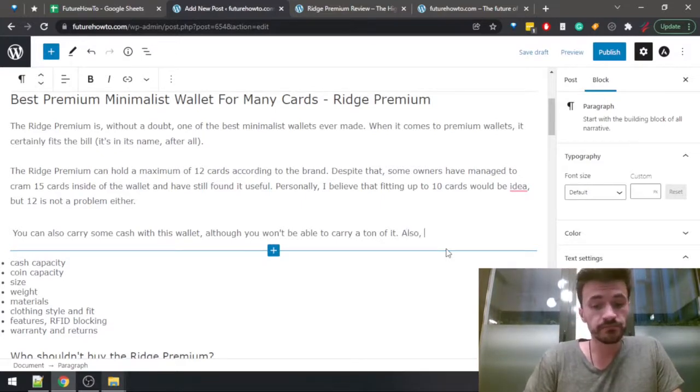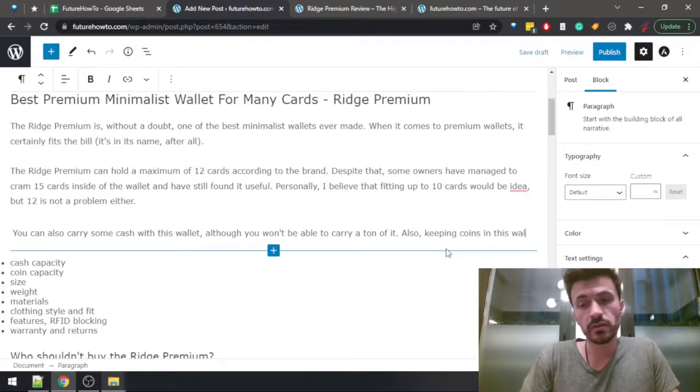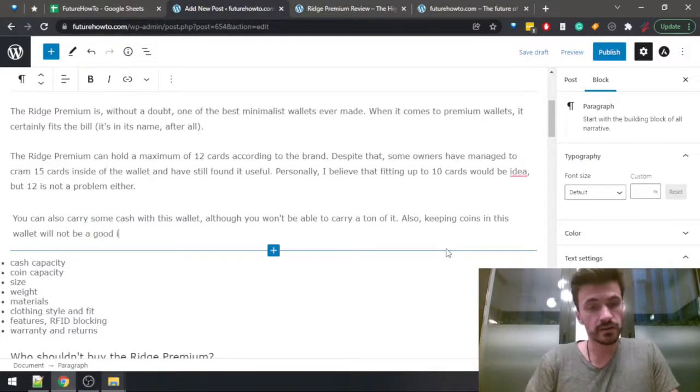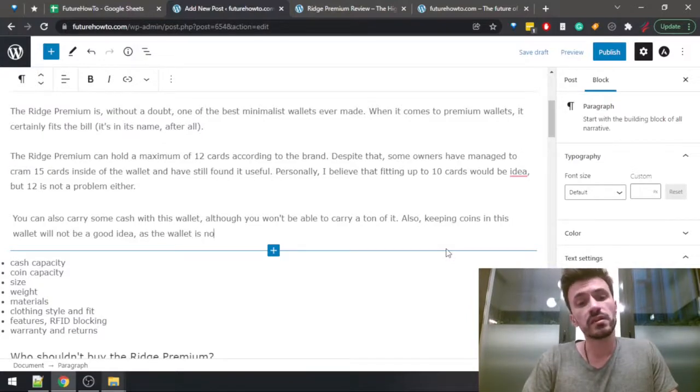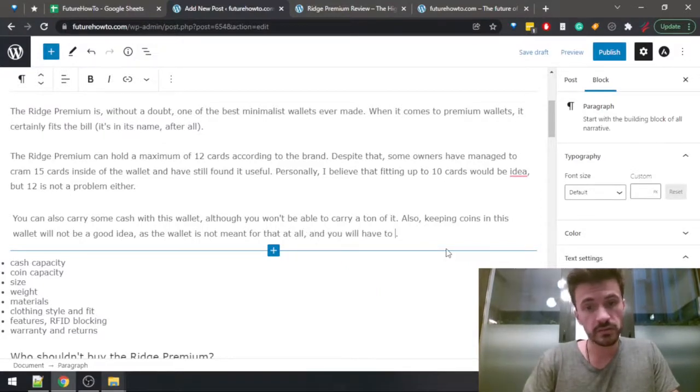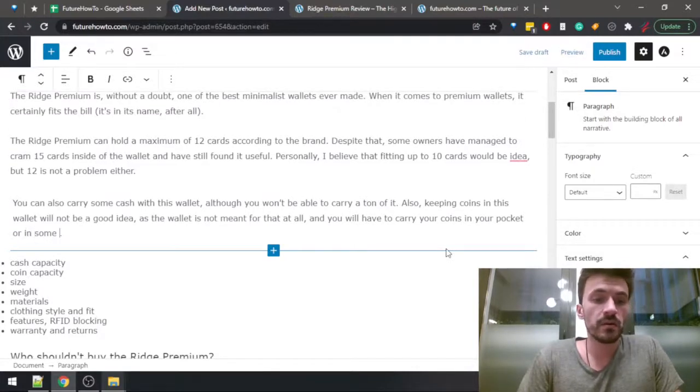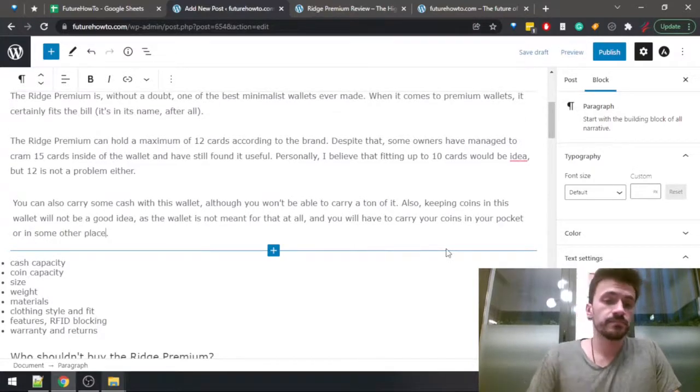Also, keeping coins in this wallet will typically not be a good idea, as the wallet is not meant for that at all, and you will have to carry your coins in your pocket or in some other place. There we go.